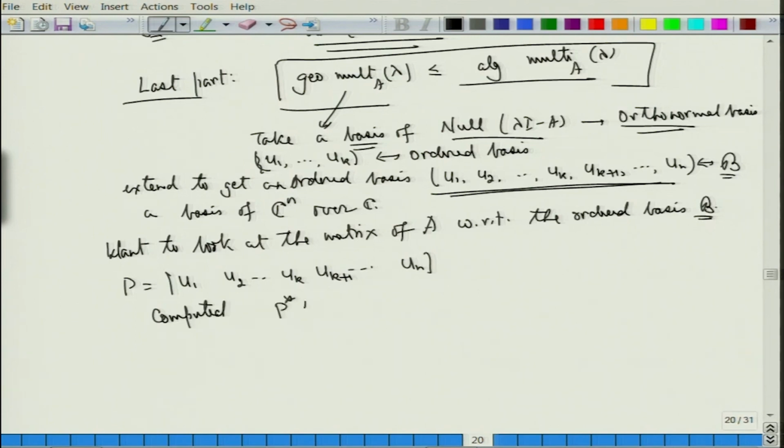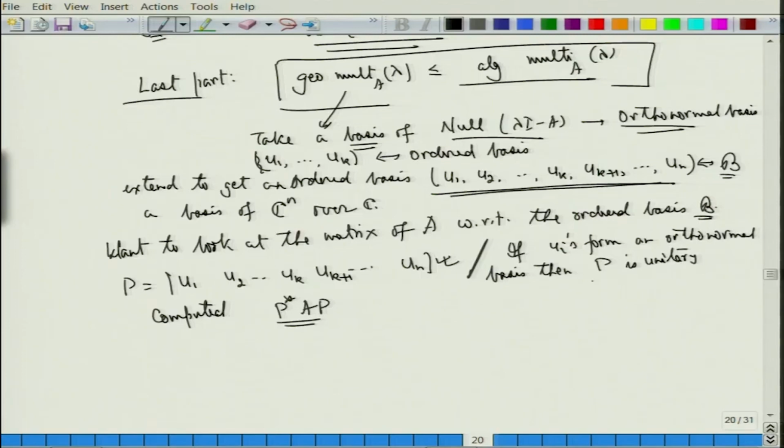We took an orthonormal basis because we wanted to compute P star AP, because if the ui form an orthonormal basis, then the matrix P that I have defined here is unitary, and P unitary implies P star is the same as P inverse. All right, fine.